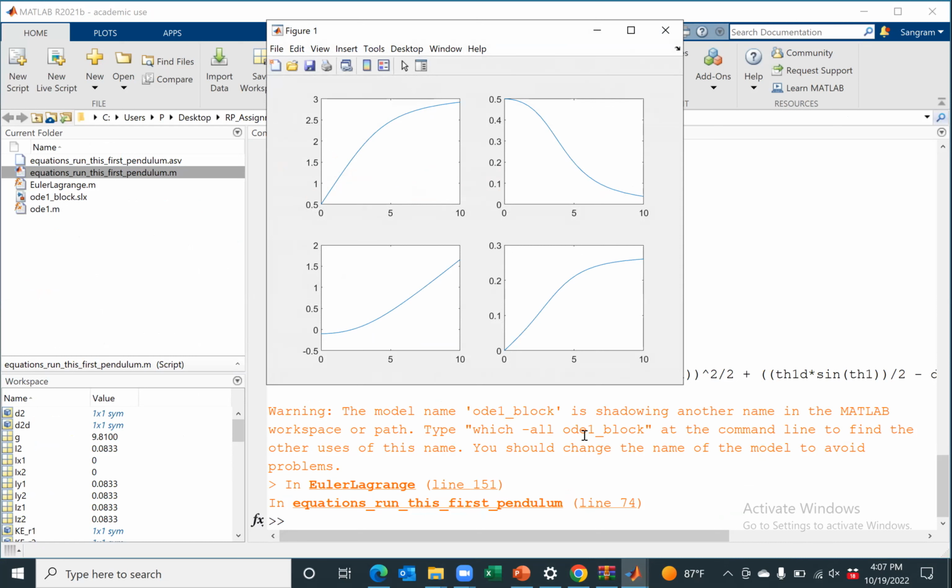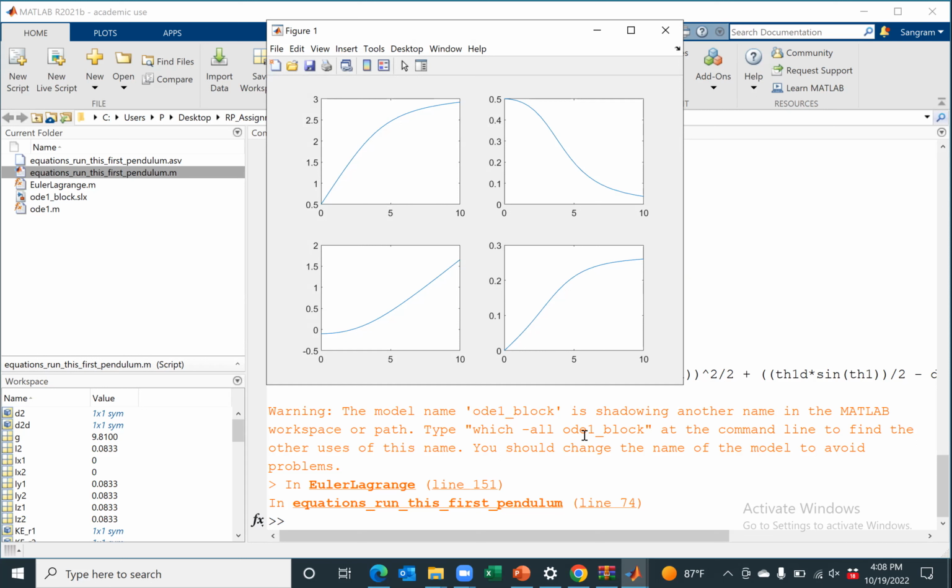So as you can see, I did not add the legend or X label and Y label, but the first plot, first row, first column, is the angular displacement on the y-axis, time on the x-axis. First row, second column, that plot is the angular velocity on the y-axis, and displays time on the x-axis.